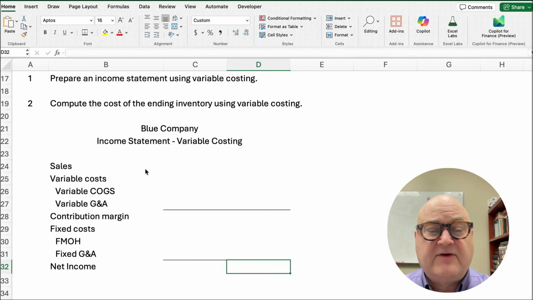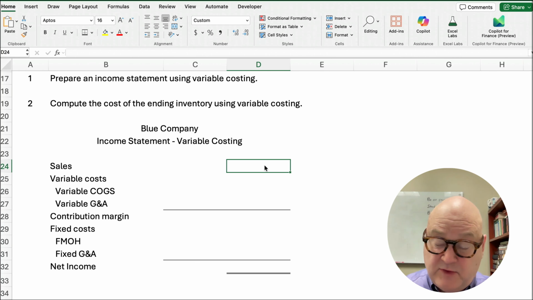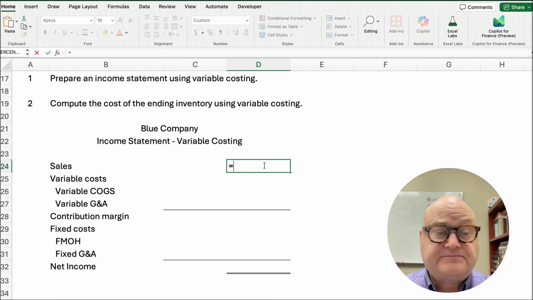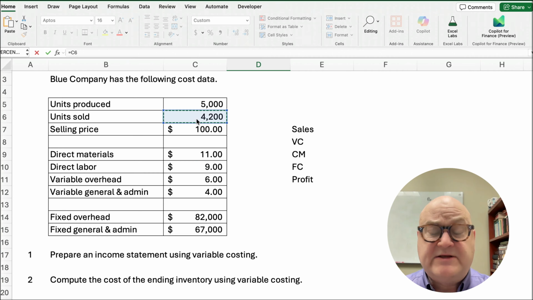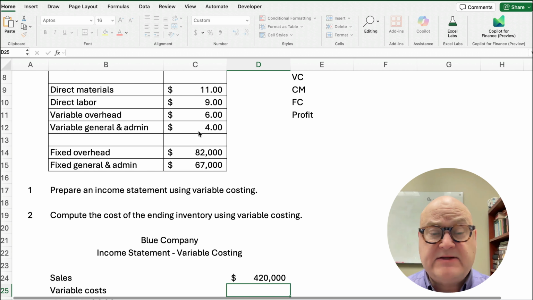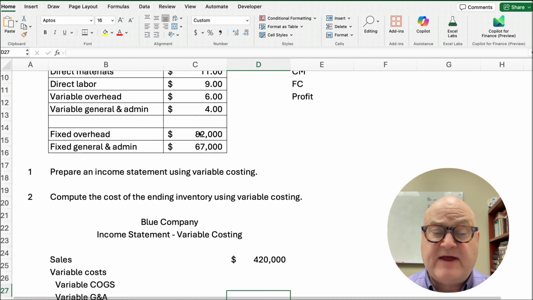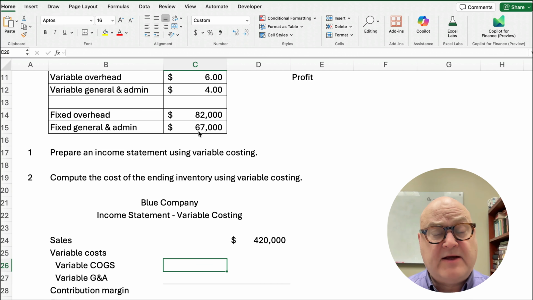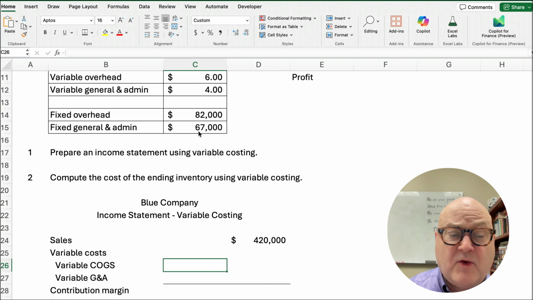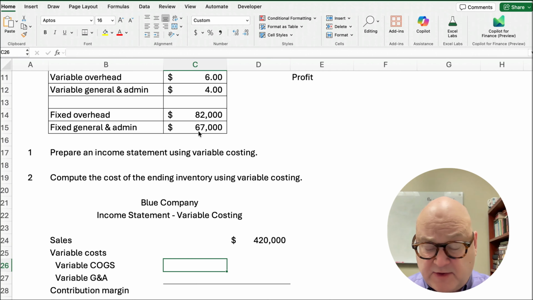All right, so our sales would be the number of units times our selling price. So we're going to start with our sales of 4,200 times $100 per unit. So that's 420,000. Now our variable cost is going to be made up of the product cost and the period cost, or the cost of goods sold number and the general and administrative number, or the G&A.